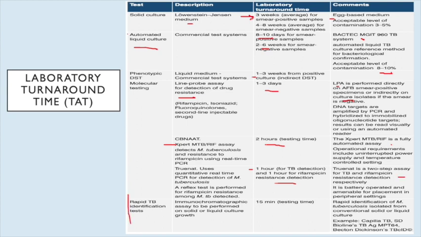And in rapid tests, we also have some immunochromatographic tests, which if you perform on a solid or a liquid culture growth can give you results in 15 minutes for rapid identification, and these are commercially available.